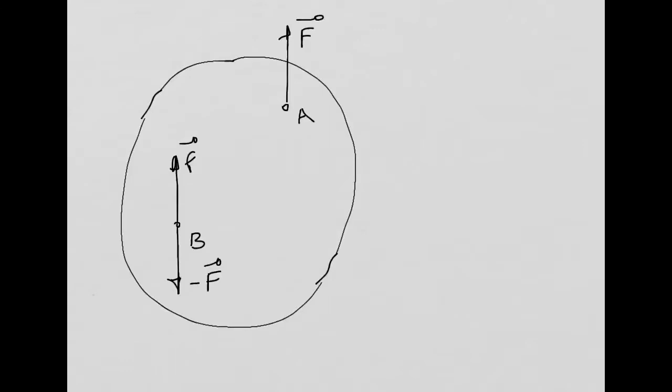But now you might be asked, why did you do all of that? It seems your system is much more complicated. You didn't simplify anything. Not yet, because if you look at this force F at point A and this force minus F at point B, they form what?